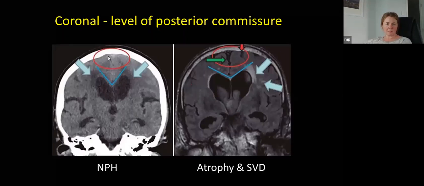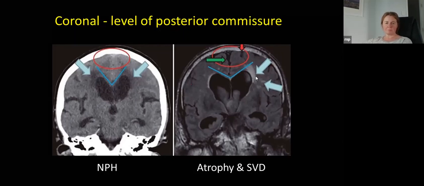So what you get, I didn't mention actually, are crowding of the interhemispheric sulci towards the vertex. This again is quite a really useful sign. So you'll see that there is no crowding of the interhemispheric sulci in this patient with atrophy. They've actually still got quite a large amount of CSF. The angle is acute in NPH, the angle is more obtuse.